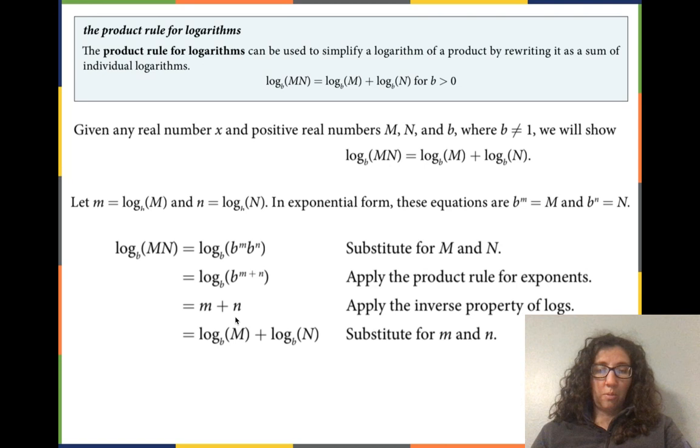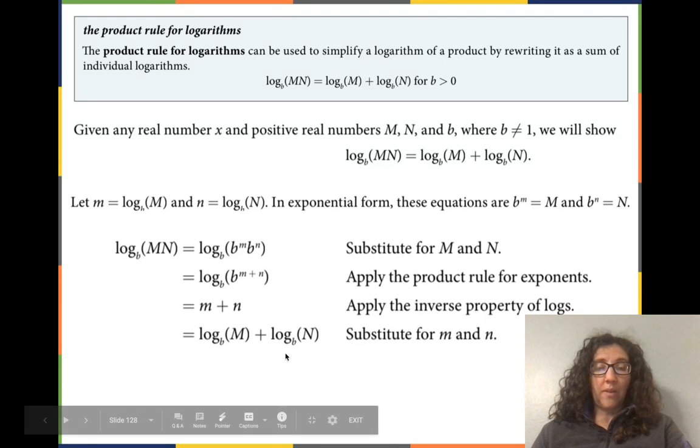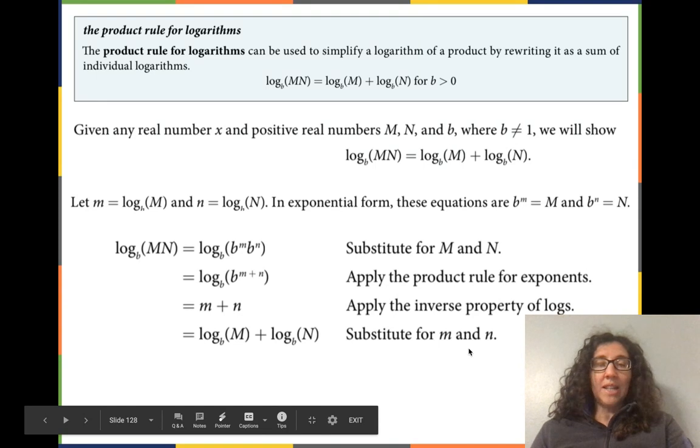Well, the answer is m plus n. Well, m is log base b of M, and n is log base b of N. Okay, so you could take a minute reviewing that. But this property of logarithms comes from the property of exponents. Basically what we did was rewrite this in exponent form, use properties of exponents, and then rewrite it in log form. Okay, but like I said, that's just for your information.